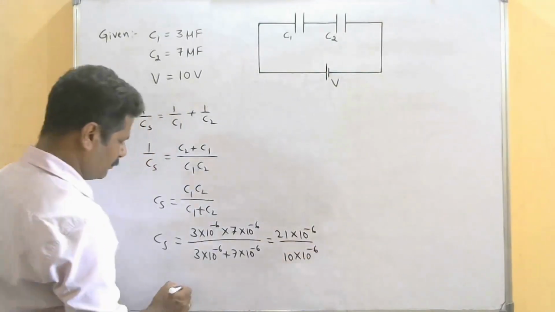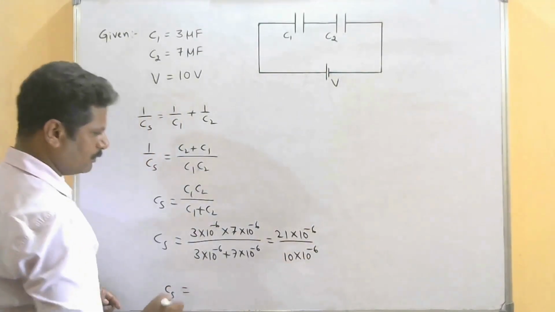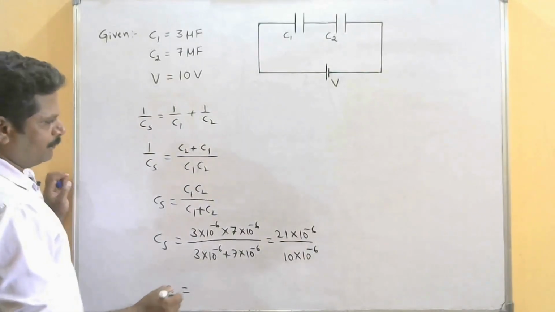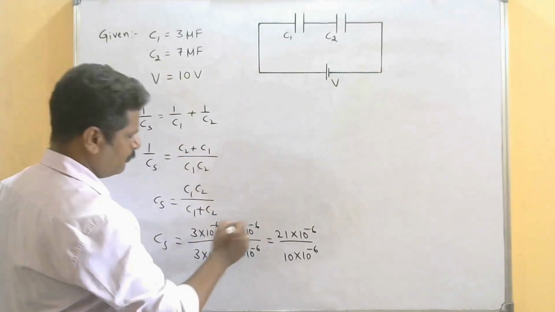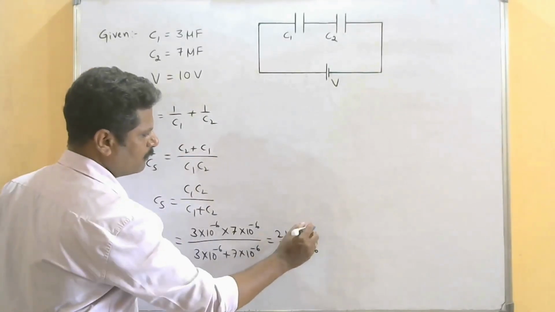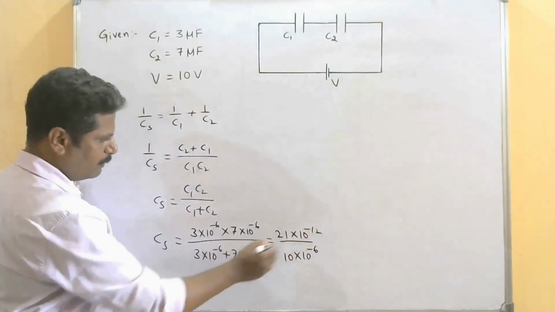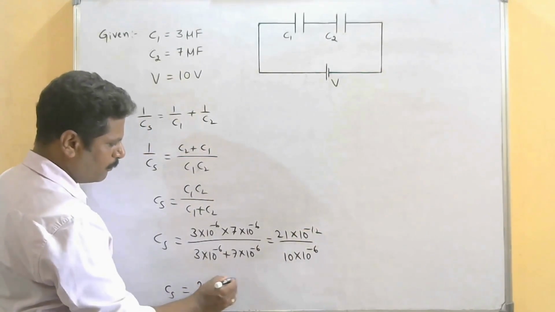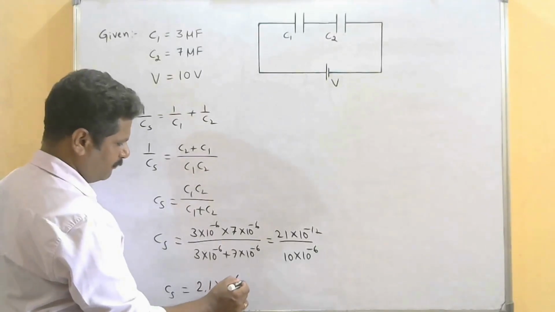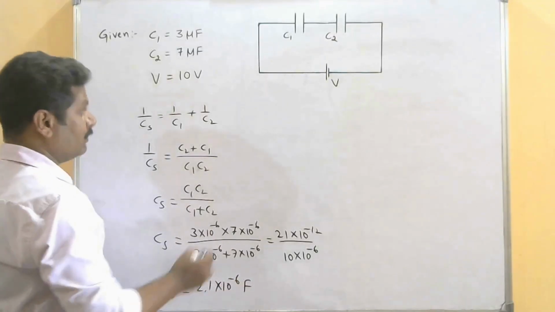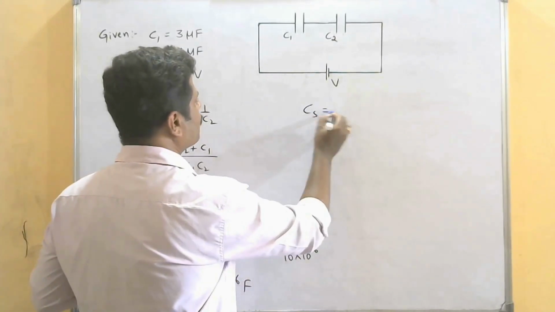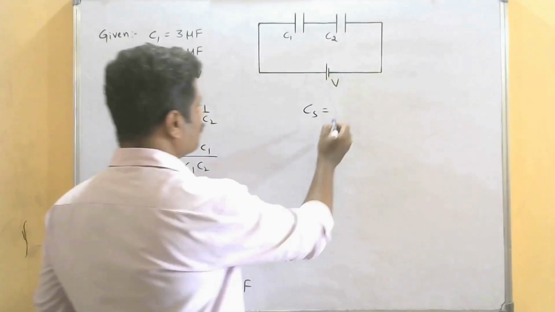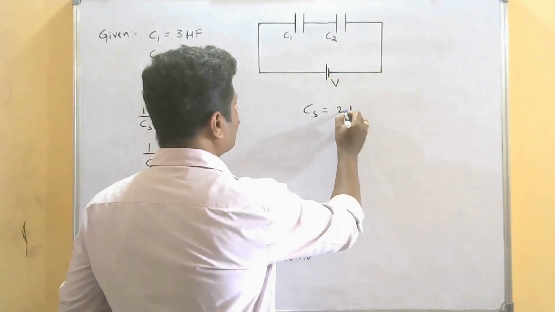So, how much will this become? 10 to the power of minus 12 by 10 to the power of minus 6 gives 2.1 times 10 raised to minus 6 farad. That is, the effective capacitance of this combination is equal to 2.1 microfarad.